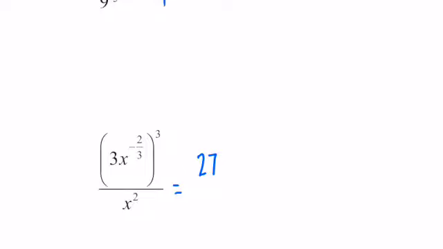For x to the negative 2/3 raised to the third, we take the exponent on the outside and multiply it by the exponent on the inside. Negative 2/3 times 3 is negative 2.